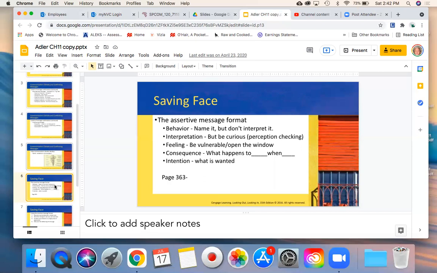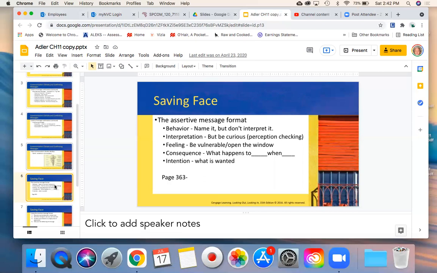The first step in the process is to name the behavior, but don't interpret it. So you're not going to put a judgment on it, you're just going to name the behavior. Your book has awesome and plentiful examples. Next is to interpret but be curious.